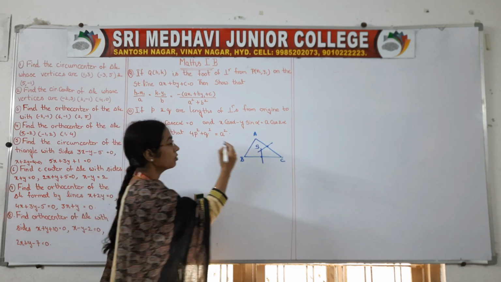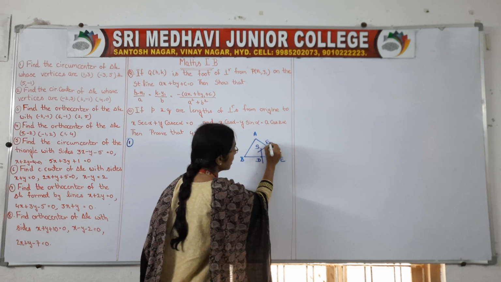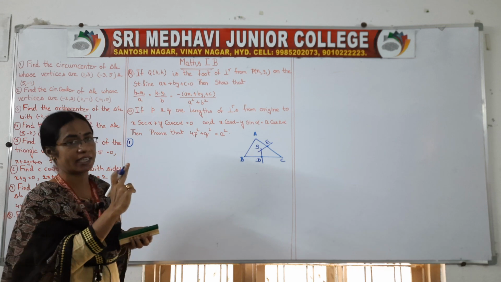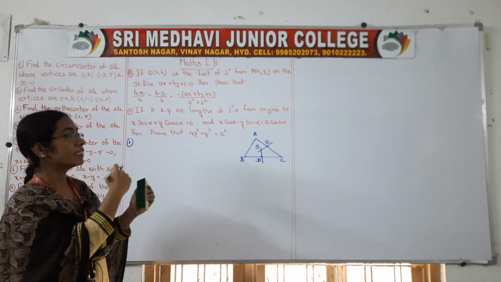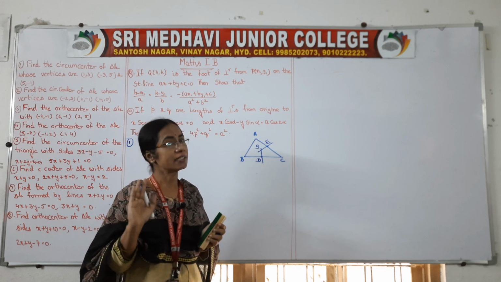So you have to find the SD equation and the SE equation. Then their point of intersection is called the circumcenter.